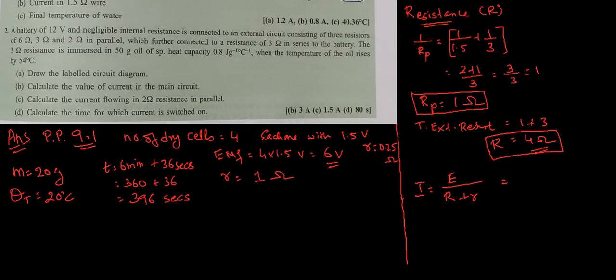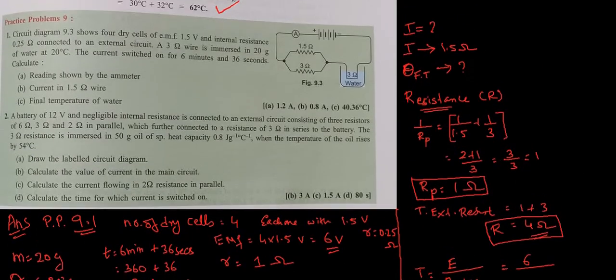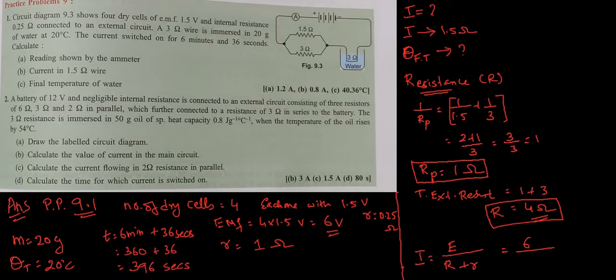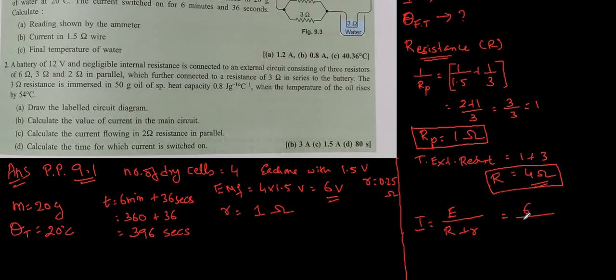What is E? E is the EMF. How much are you getting EMF? 6. Capital R is external resistance, that is 4, and internal resistance is 1. So you got 6 upon 5. So I got 1.2 amperes.